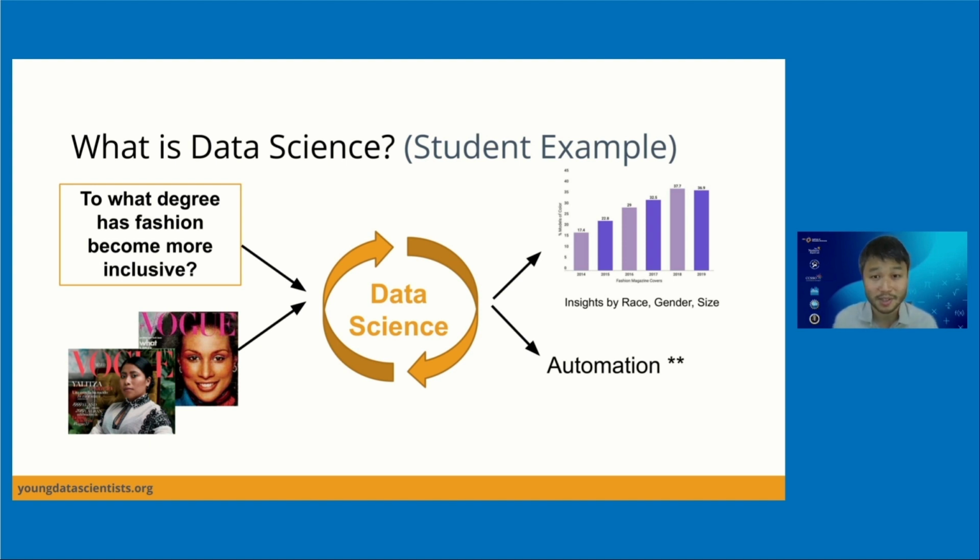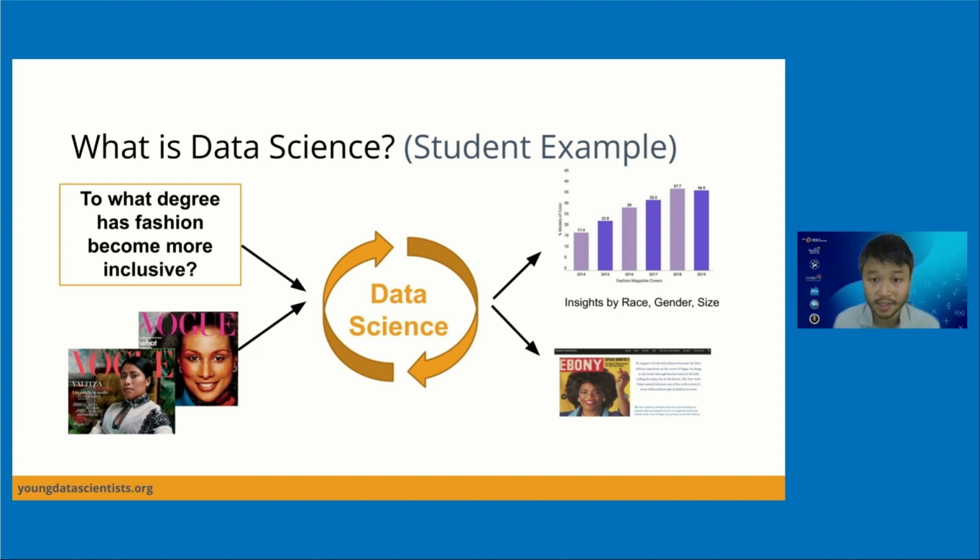What I loved about this particular project is that students tracked how much these trends changed over time, year by year. And of course, the other form that many folks are talking about nowadays is automation, which some in the industry call AI. It's this act of using technological tools, whether it's computer science, AI, or machine learning, to automate some of the process of decision making or gaining insights from the data.